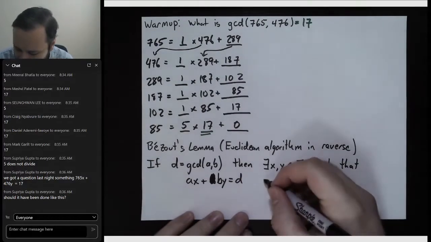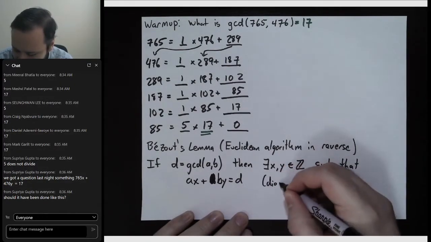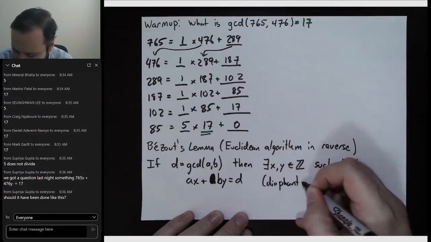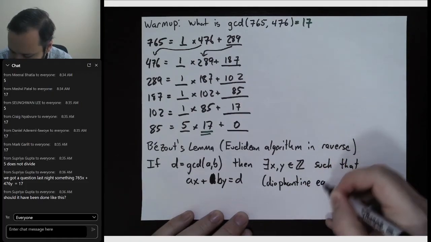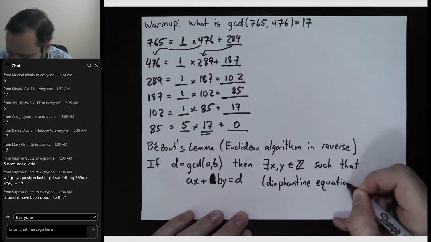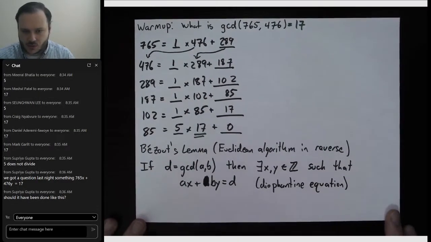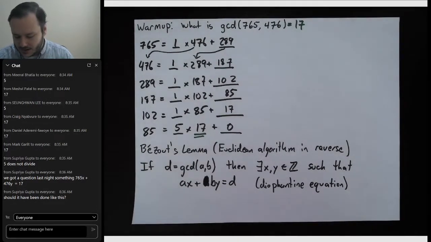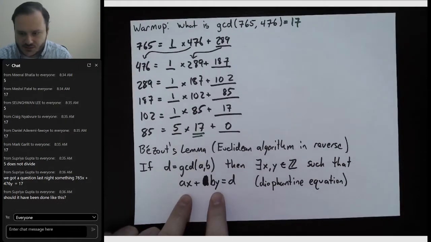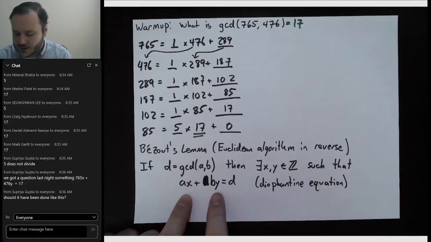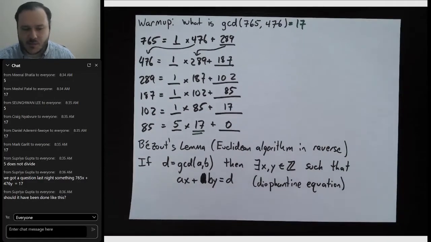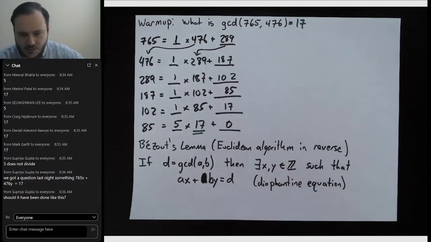This is, by the way, called a Diophantine equation. So, quick recap. This is one equation with two unknowns, x and y. So there are infinitely many solutions if we don't care about x and y being integers.